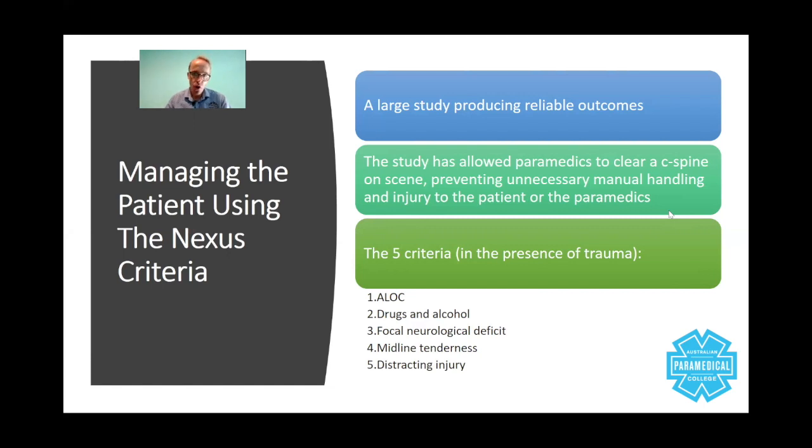But to be extra cautious, you could add in midline tenderness down the bottom, because you can still make people paralyzed by inappropriately moving them, because the spinal cord runs down to the level of L2 and lower. And of course, number 5, a distracting injury. If the patient's screaming in pain because they've fractured their tibia, they're not necessarily going to know that they've got a fractured C-spine, which is resting on their spinal cord.